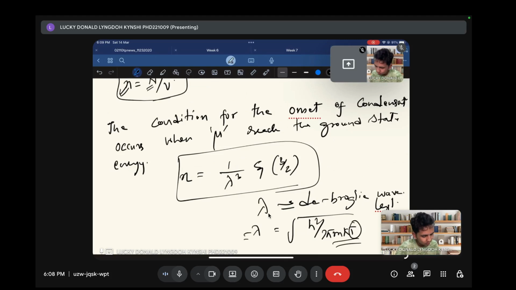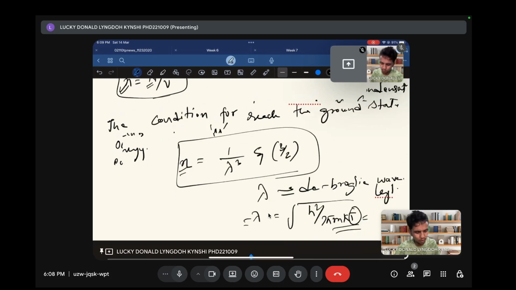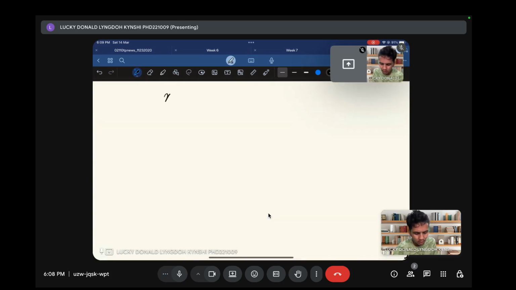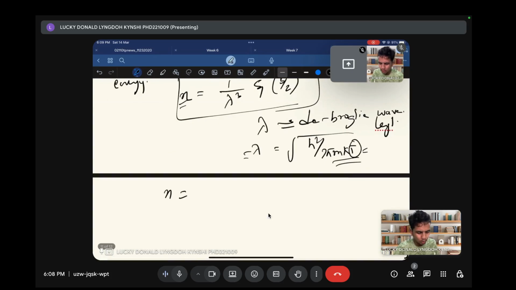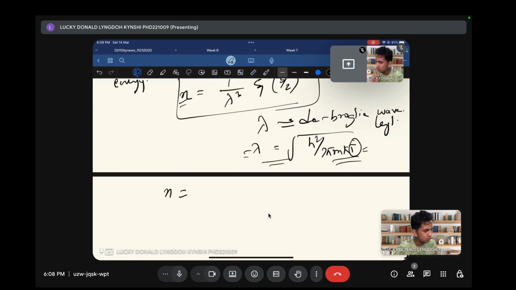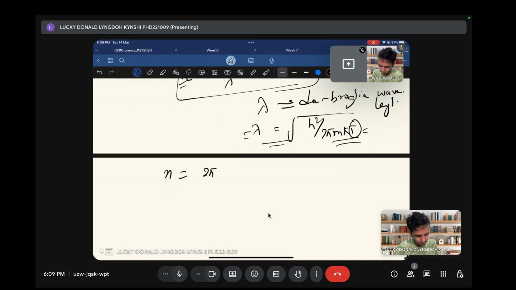Now the question is how you relate your temperature T with your number of particles. It's pretty straightforward. You can just write n equal to, substituting 1 by lambda cube with this formula, 2 pi m kT by h square to the power 3 by 2, and zeta function of 3 by 2.